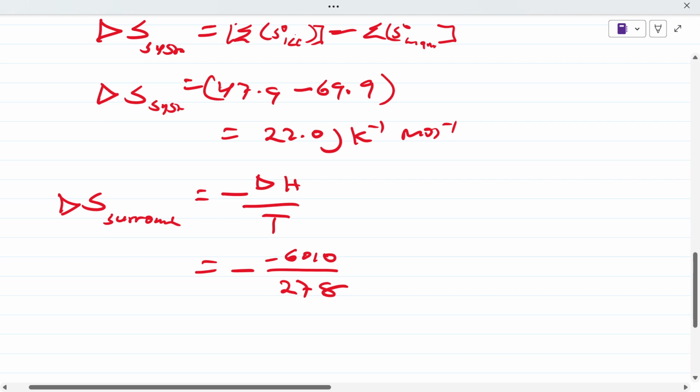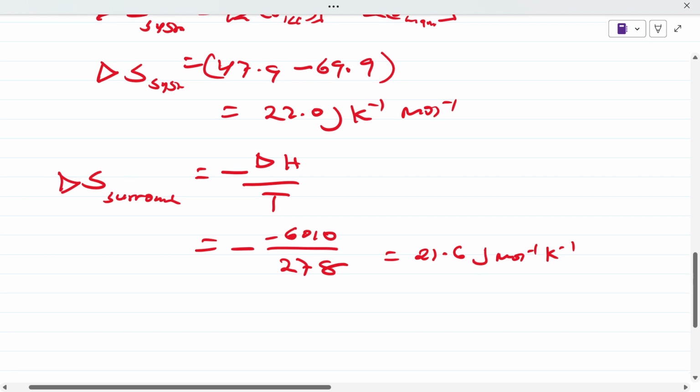When you do your calculations very well, you're going to get 21.6 joules per mole per Kelvin.